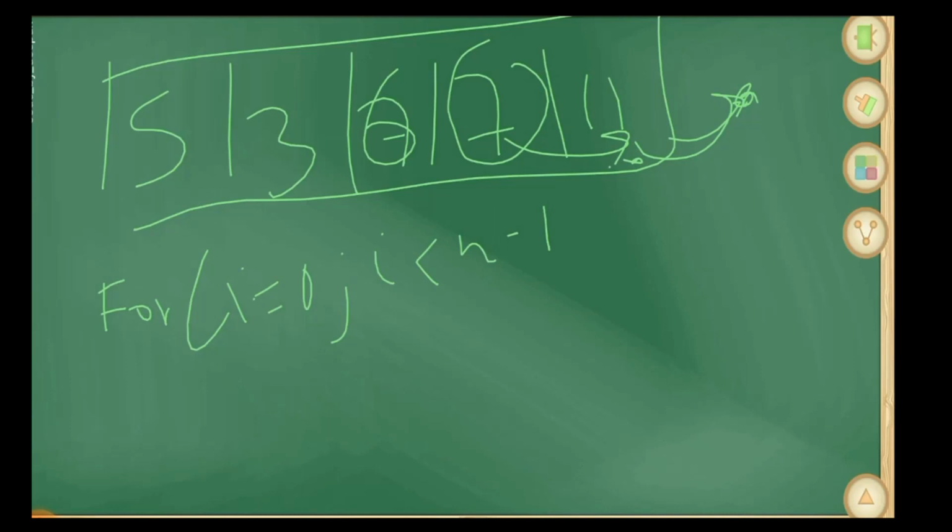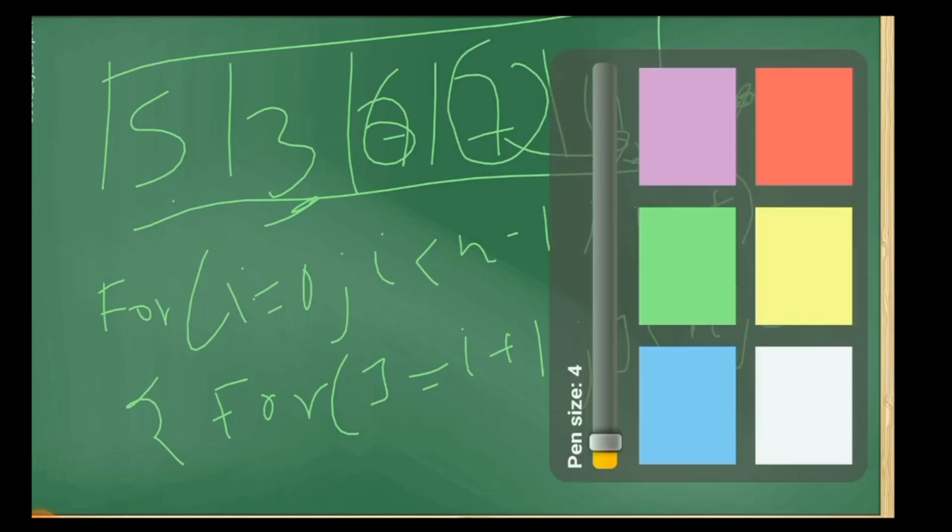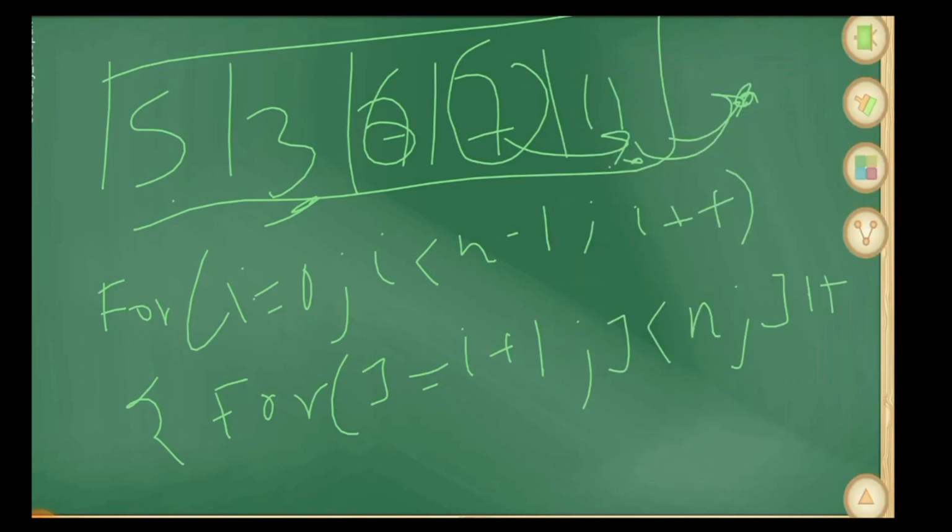For each element i, I have to move to the i plus 1 element with another loop, j less than n, j plus plus.